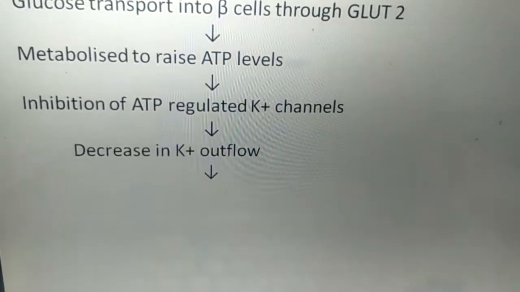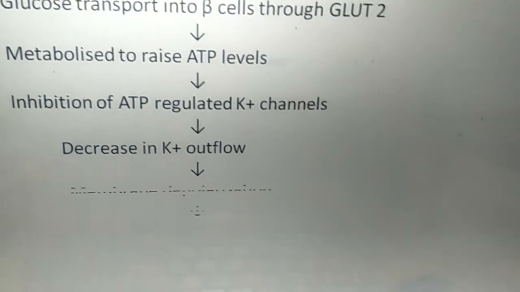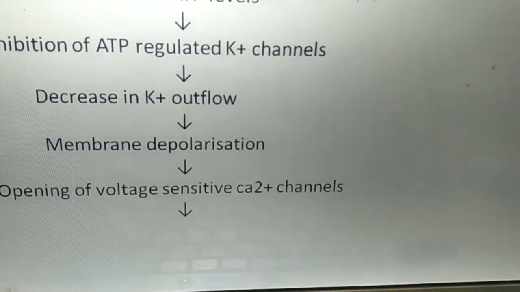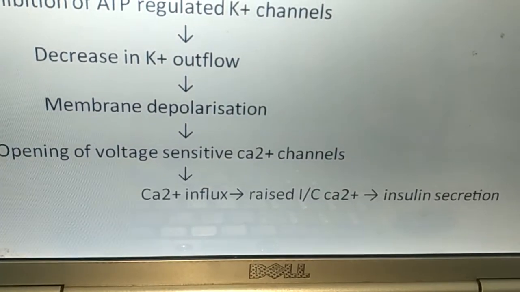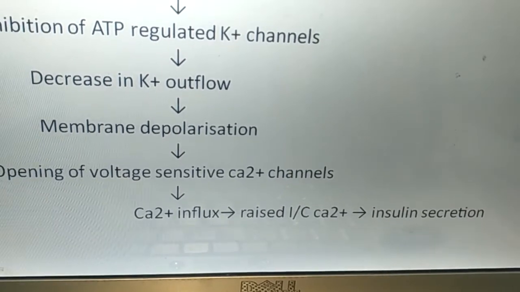So outflow or efflux of potassium decreases, which leads to depolarization of the membrane. Voltage sensitive calcium channels open up, intracellular calcium rises, and insulin secretion occurs.